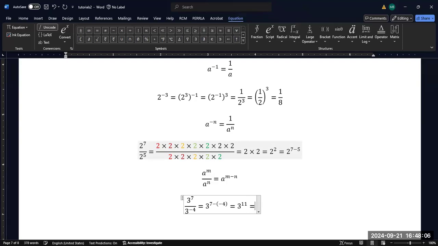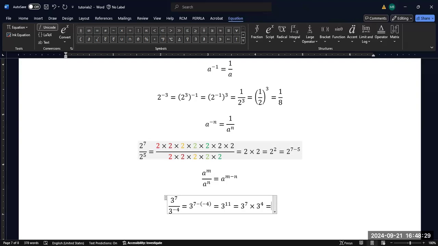Again, another way to think about this would be 3 to the 7th, and then because the negative is in the denominator, when you do the reciprocal of that, you make it positive. So this would be equivalent. When you take it out of the denominator, you make the exponent positive.